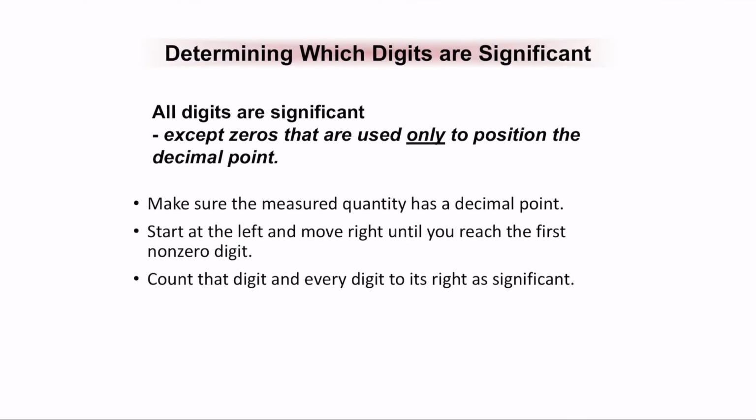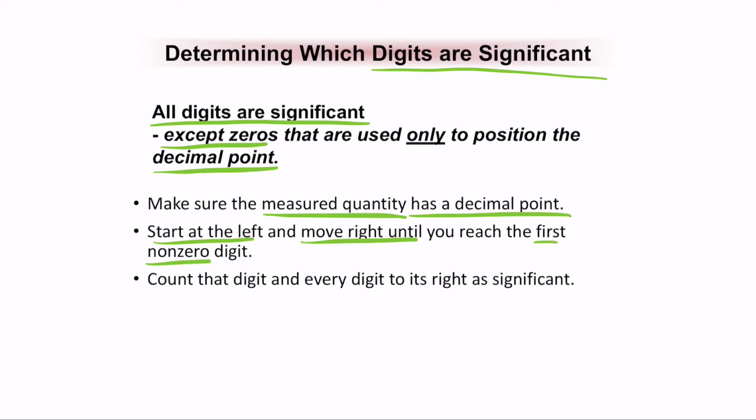Now, how do you determine whether digits are significant or not? The first rule is all digits are significant except zeros that are only used to position the decimal point. Always start at the left and move right until you reach the first non-zero digit.